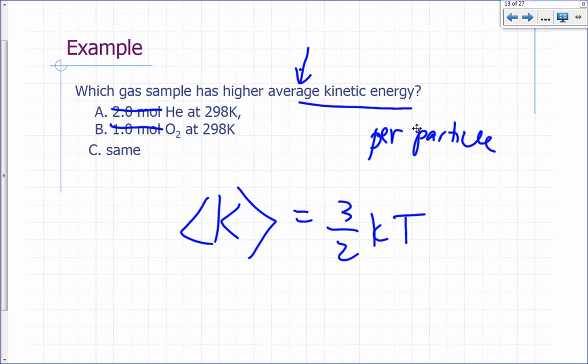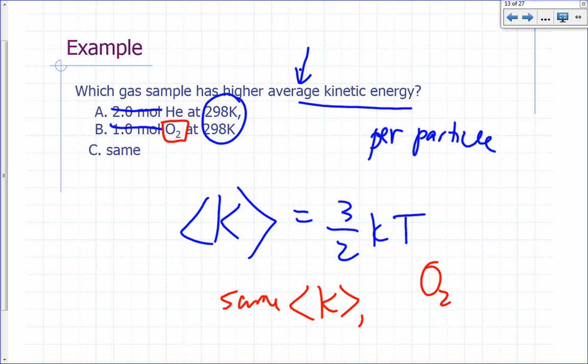They're going to have the same translational kinetic energy because they have the same temperature. So which one has the higher average kinetic energy? They have the same average translational kinetic energy, but O2 has, in addition to translational kinetic energy, rotational and vibrational kinetic energy, because that's a molecule.